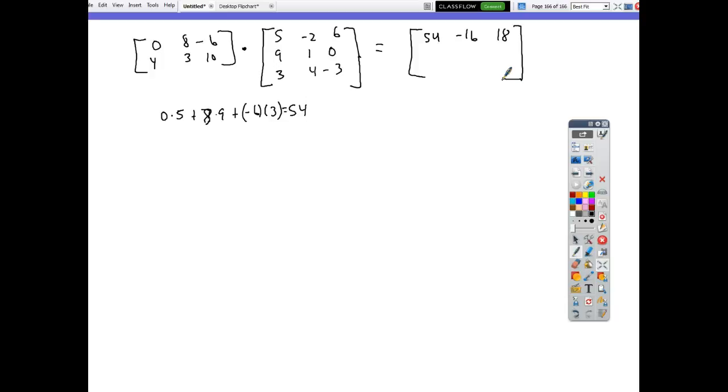Now what do I do? The second row. This times this. 4 times 5 plus 3 times 9 plus 3 times 10 equals 30, 57, 77. Row column. Did I do that right? I did it right, didn't I?